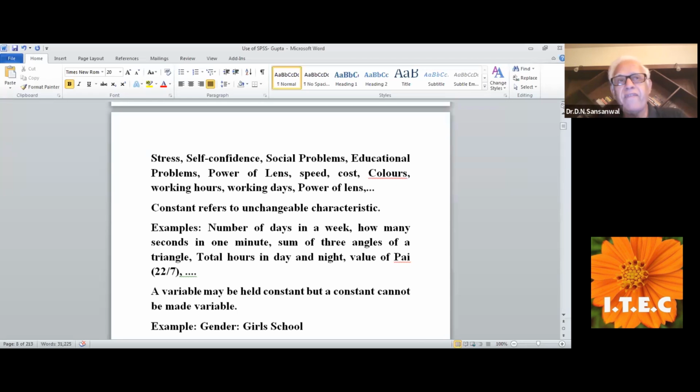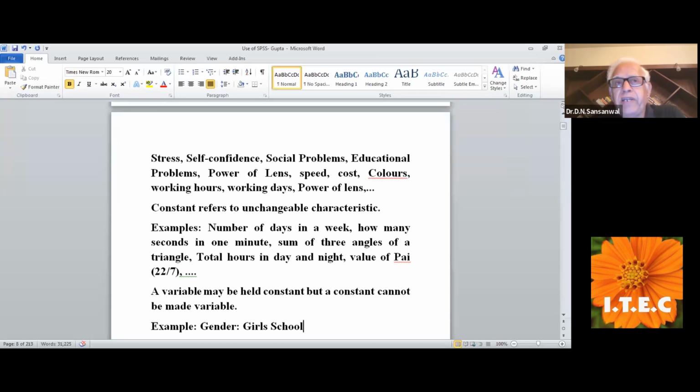So you have gender held constant, because the nature of gender is variable, but if you want, you can hold it constant.